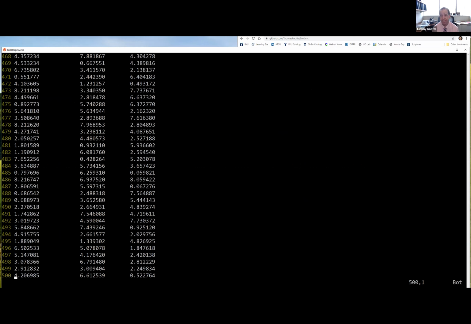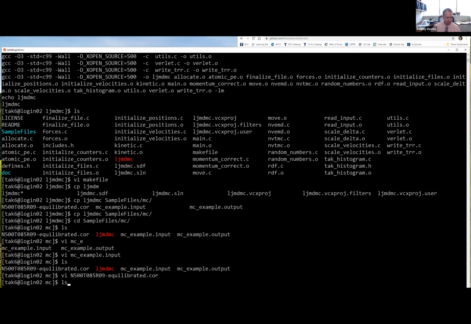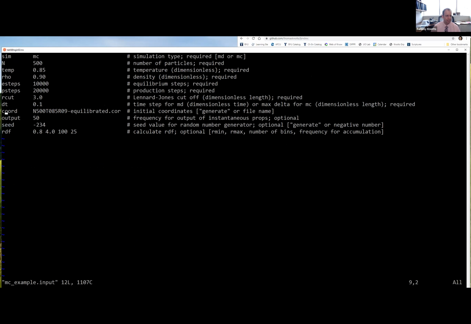This is so I don't have to equilibrate as long. I've already got this from another simulation, and I can use that as a starting configuration. Or I could say generate in my input file, and it will just lay it down on an FCC lattice.